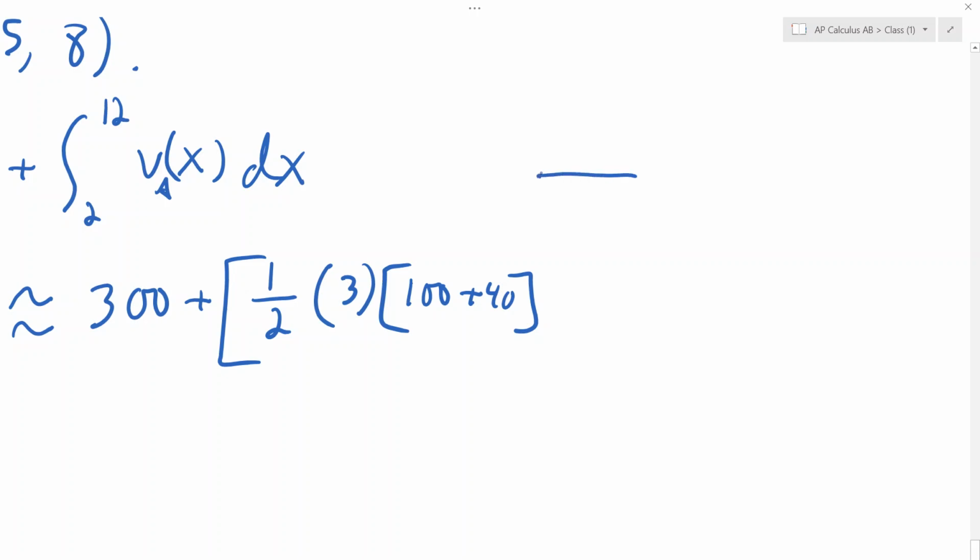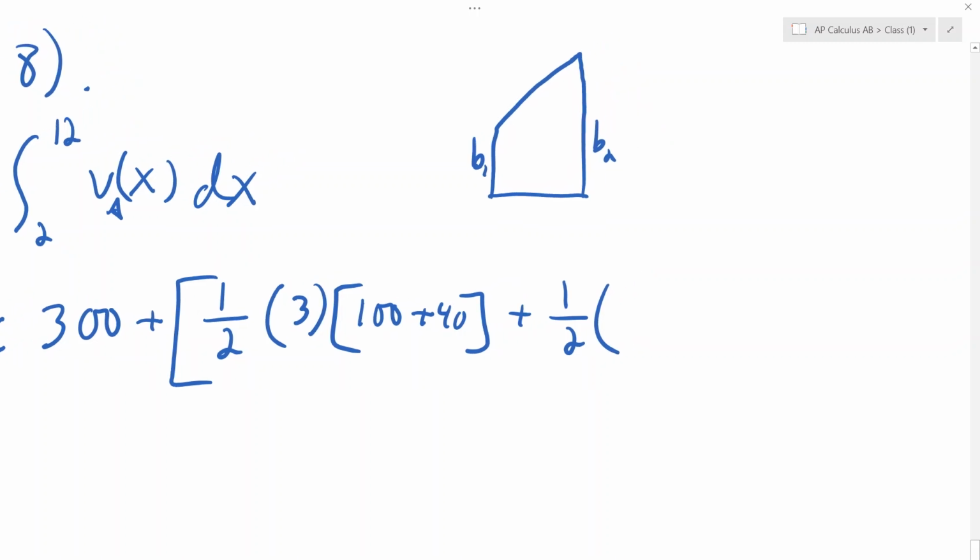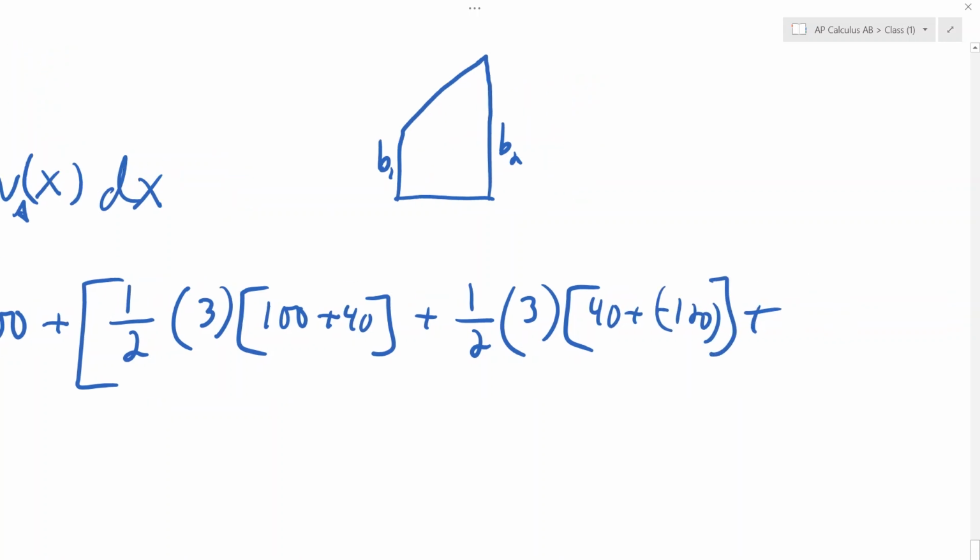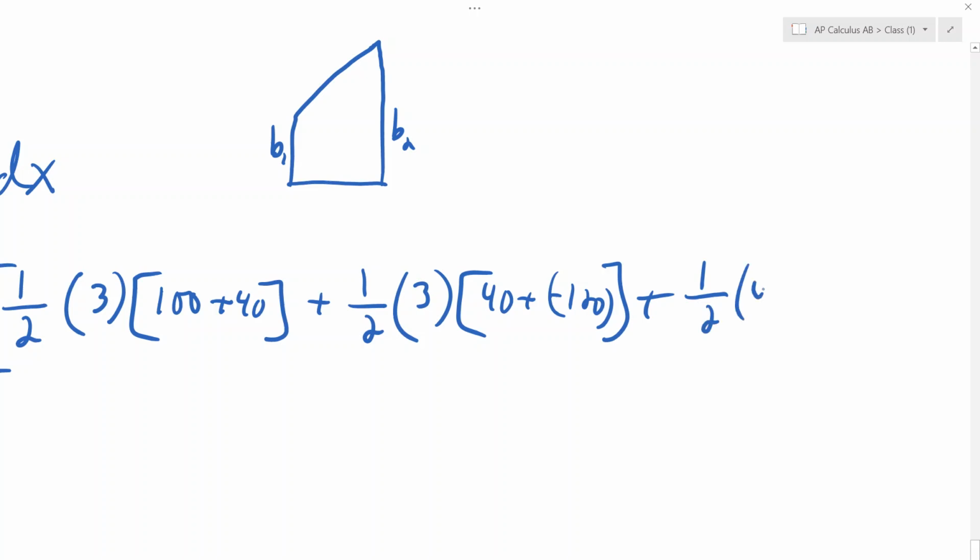Remember, these are trapezoids like this. Okay, base 1, base 2. Plus 1/2 times the height on the next one is 3. And the values are 40 plus negative 120. Plus 1/2 a height of 4 times negative 120 plus negative 150. That should be a big bracket.